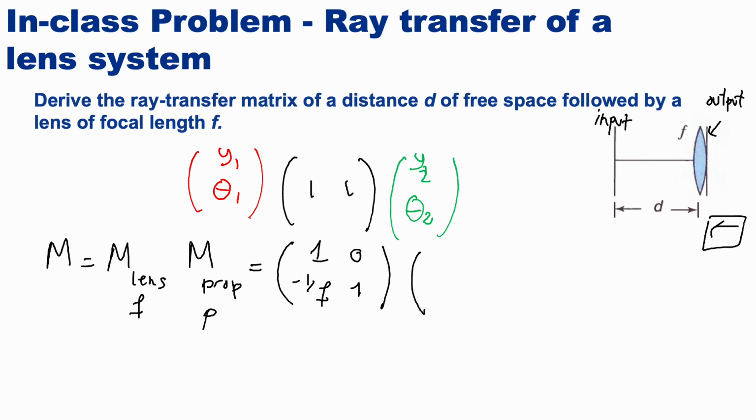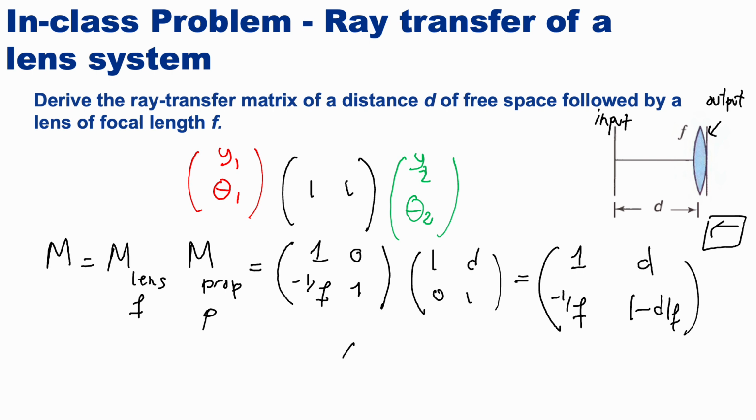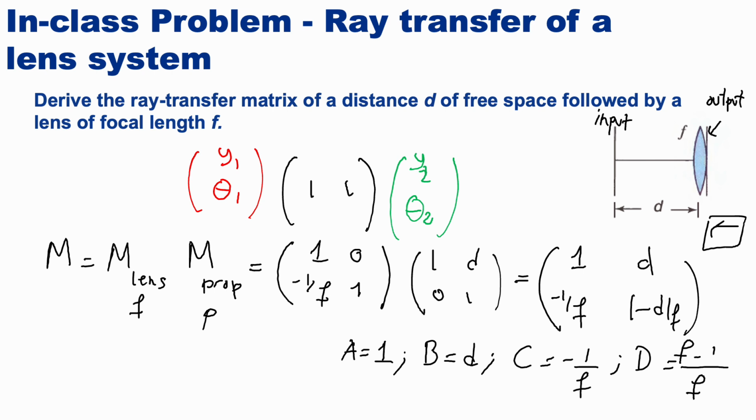And the propagation is 1, d, 0, 1. If you do the multiplication, you have 1, d, minus 1 over f, 1 minus d over f. So A equals 1, B equals d, C equals minus 1 over f, and D, I'm going to write in a different way, as f minus d over f.